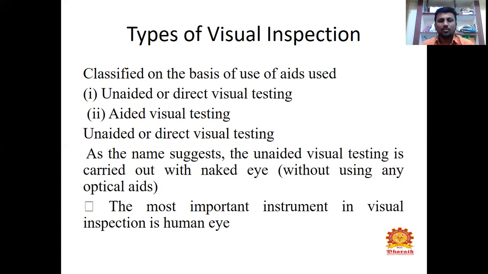So the most important instrument in visual inspection is the human eye.